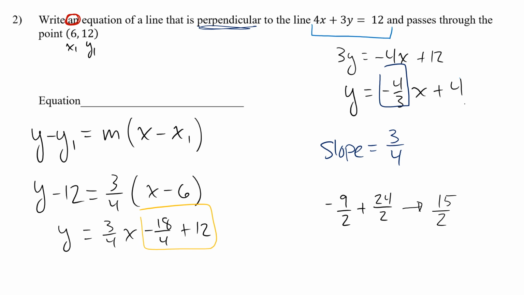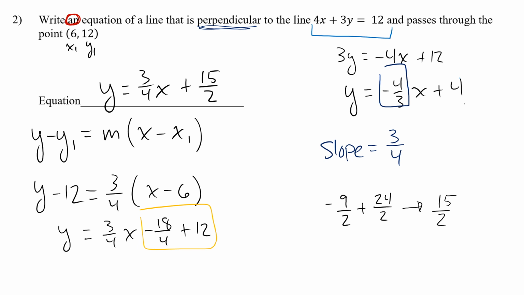So I think the equation of the line is y equals positive 3/4 x plus 15/2. Now, I want to check that by plugging in 6 for x and verifying that it gives me 12.